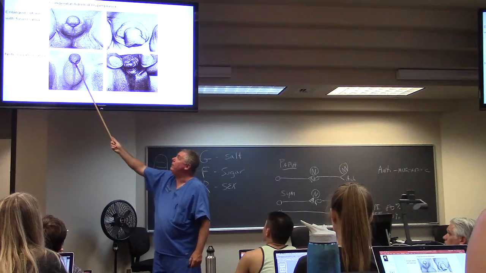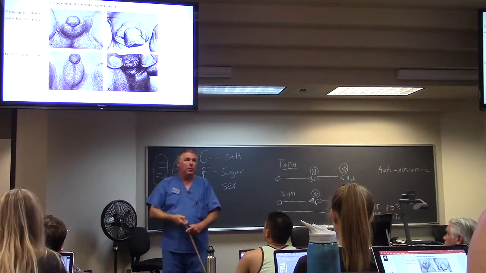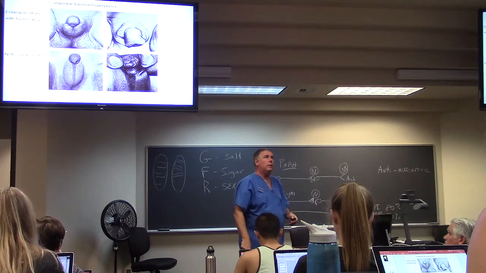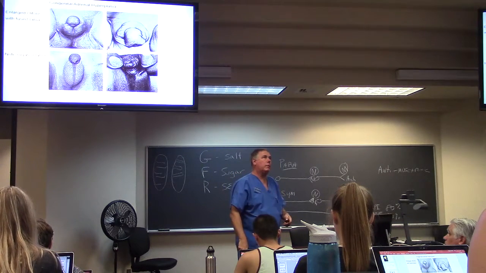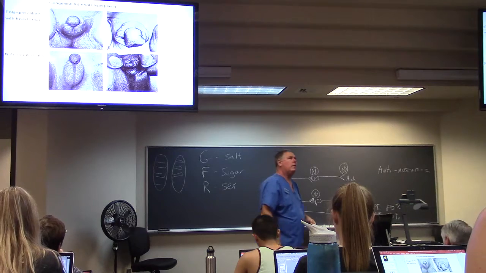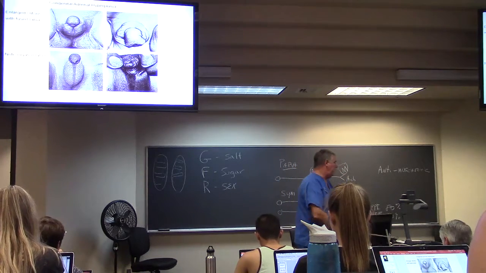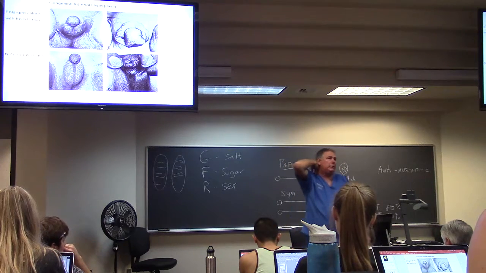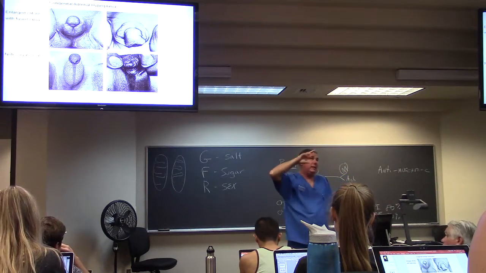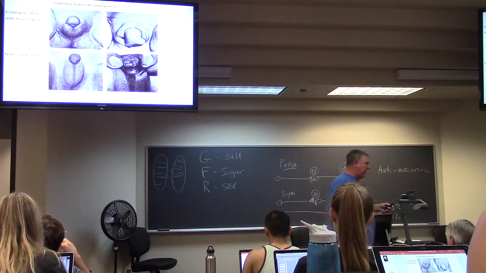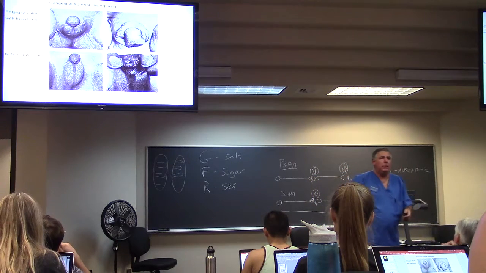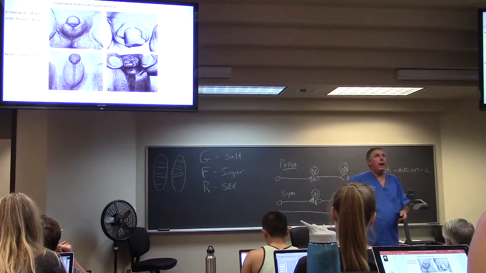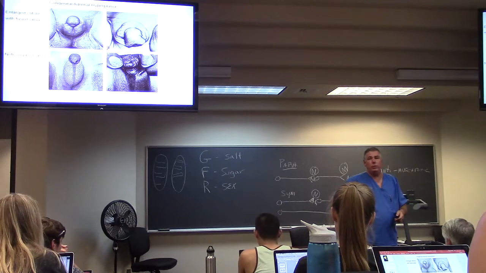The opening of the urethra is always on the ventral side. Okay? Thankfully, neonatologists and surgeons are much more sensitive to this, and they delay a lot of the assignment surgery until later and don't get too aggressive like they used to.